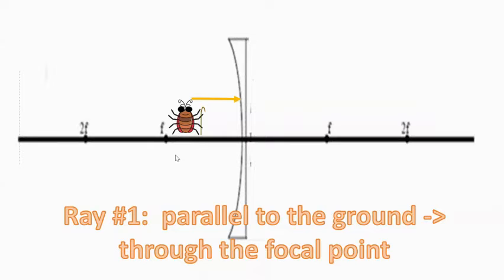Ray number one starts out parallel to the ground. So this is going to leave his head and go parallel to the ground. And then it's going to go through the focal point, right? So it's going to bounce off the mirror and go through the focal point just like that. And then we would include the virtual part on the other side of the mirror. And remember, the virtual part is just like a continuation of the reflected ray.